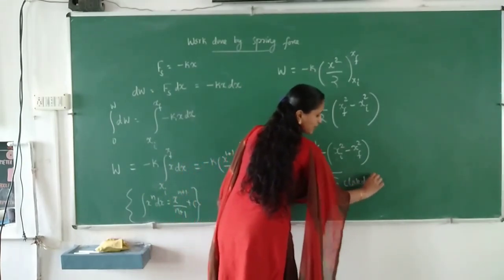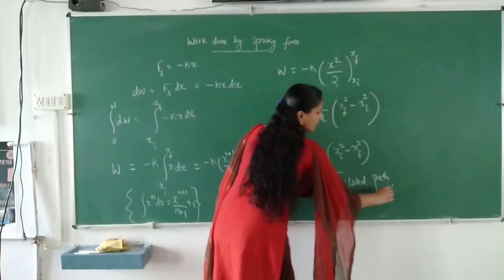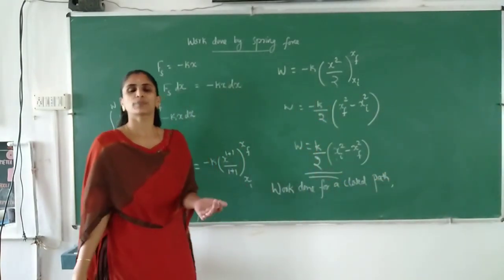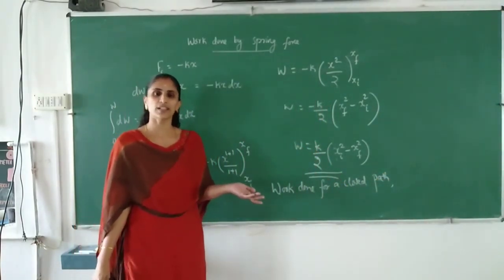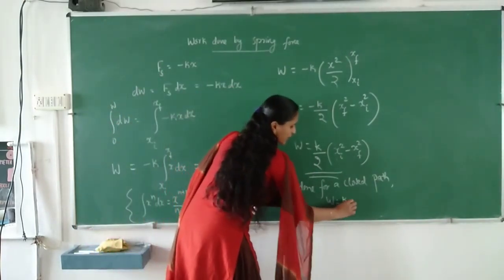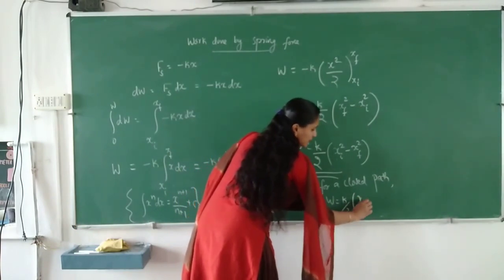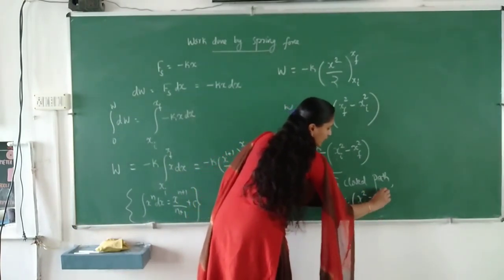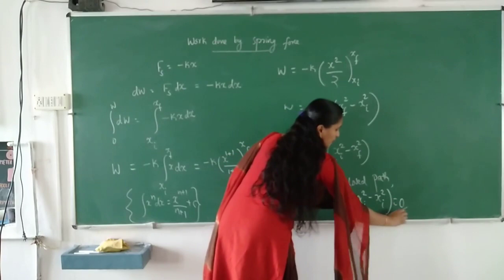Closed path means starting from xi, the initial position is xi and the final position is also xi. So the work done is equal to k by 2 into xi square minus xi square, which is equal to 0.